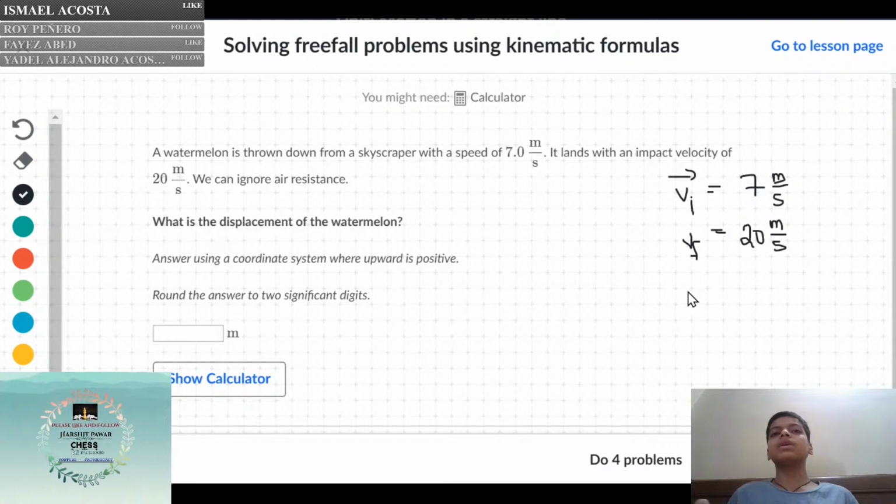We want to find what the change in y, or displacement, is equal to.